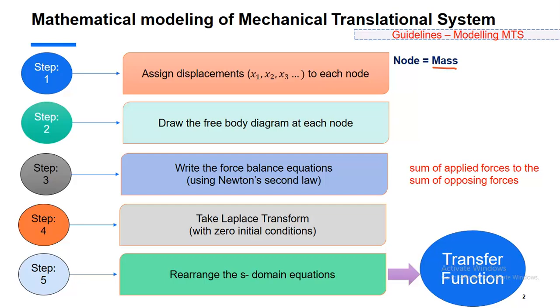After that, for each mass, you have to draw a free body diagram. Then, step 3, you have to write the force balance equation. We are going to use Newton's second law, and using that, we can write a force balance equation.